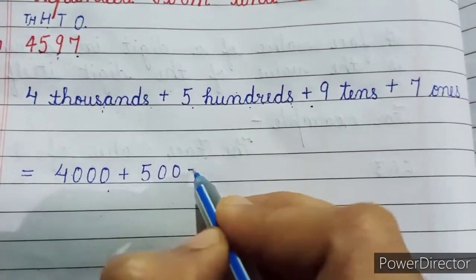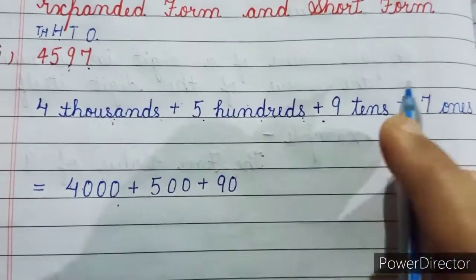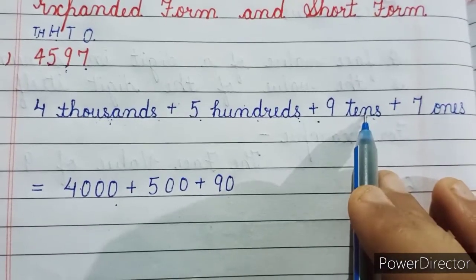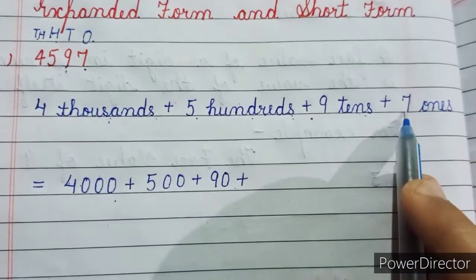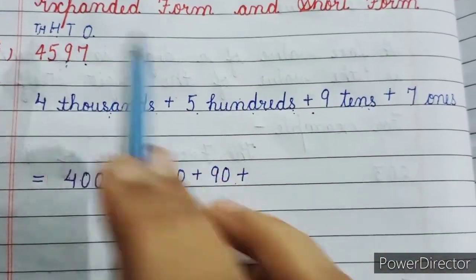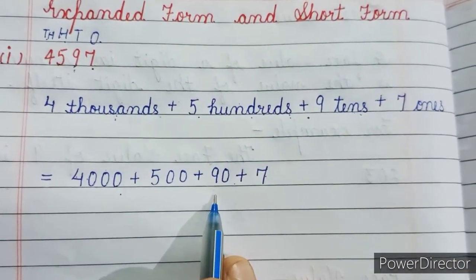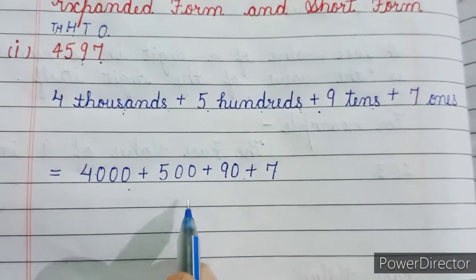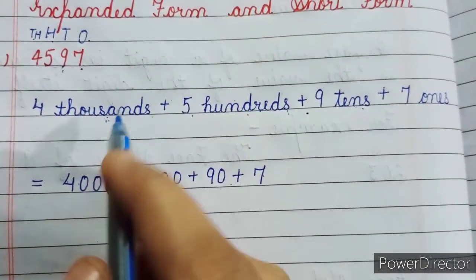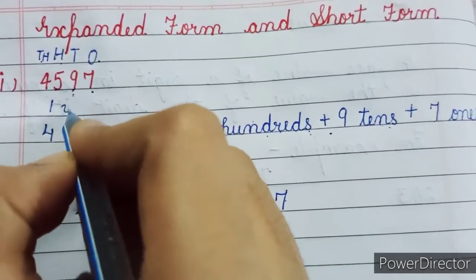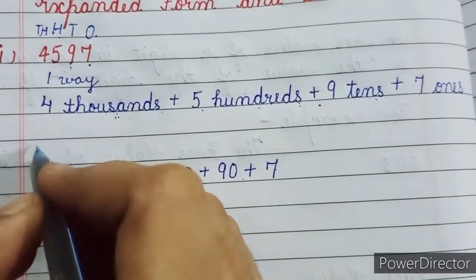Plus 9 is tens place, so 90. Plus 7 is ones place, so it is 7. So now you have understood both ways of writing the numbers. This is our first way and this is our second way.